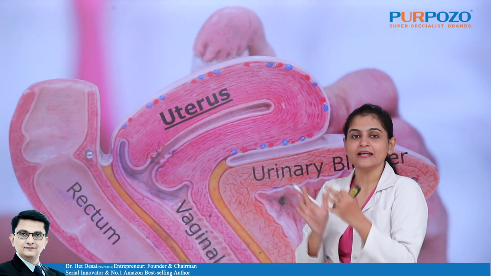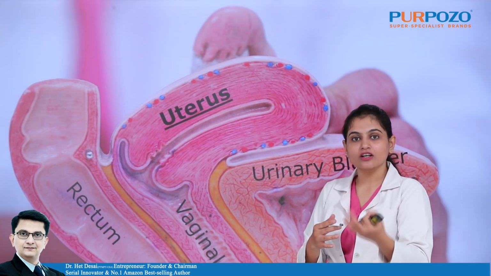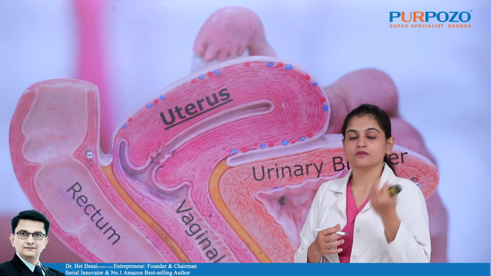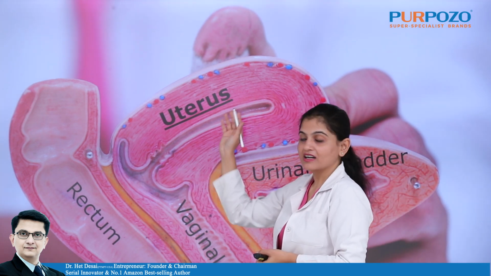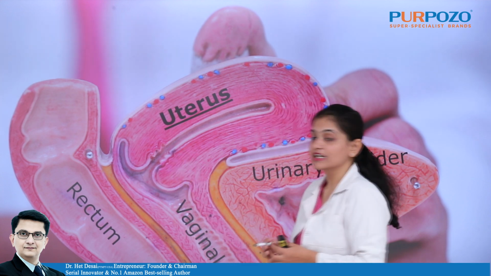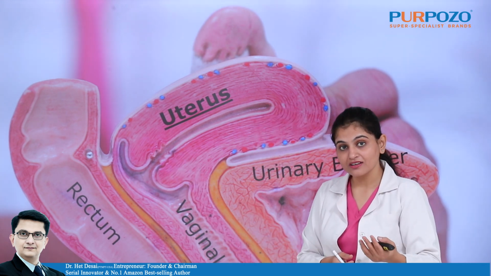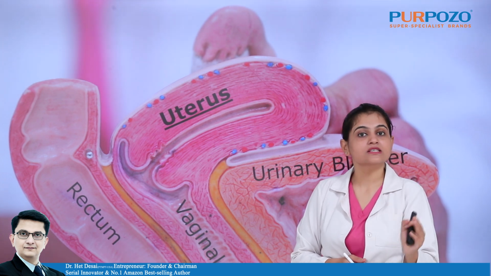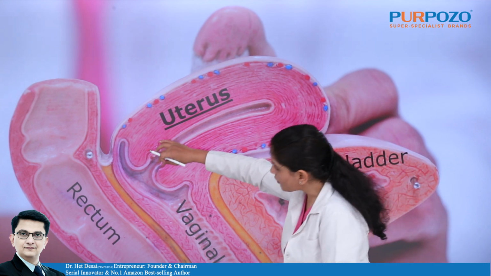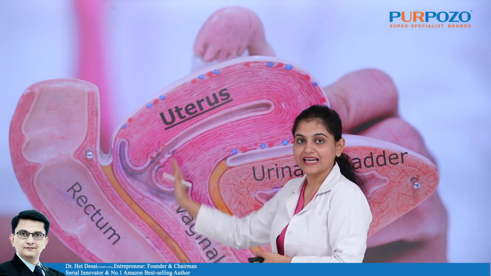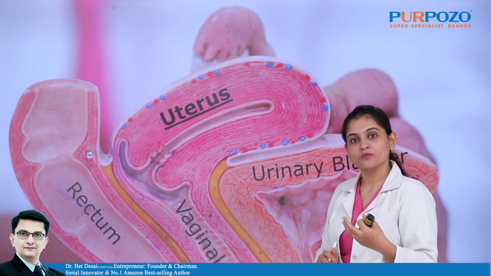It is basically closed and does not allow external infections, organisms or structures to go inside the uterus. The cervix relaxes or opens a bit during ovulation, because ovulation is the most fertile time for a female. So, the cervix opens so that the sperms can easily enter the uterus and reach the fallopian tubes to mate with the egg.